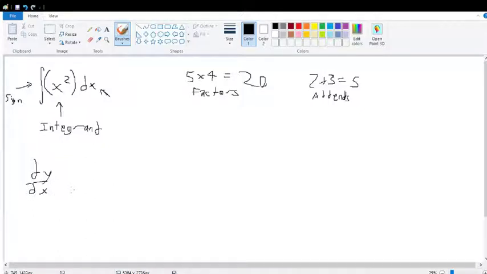It's the same with integrals. If you want to find the integral of a function with respect to x, you'll need to have the dx there. Otherwise, you can't integrate it. So now that that's over with, let's start integrating.